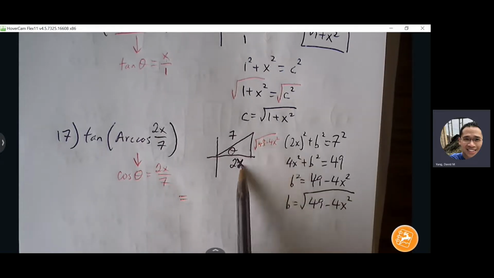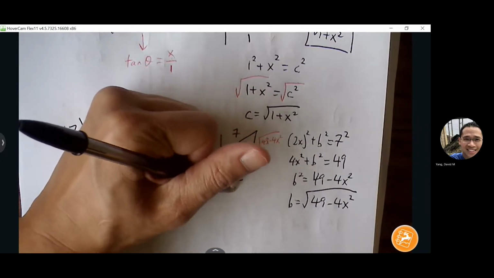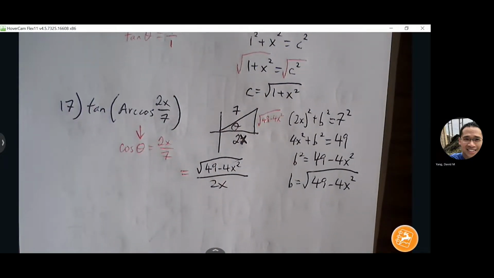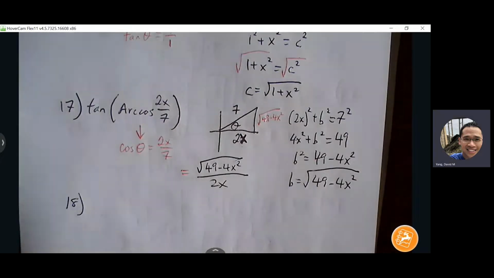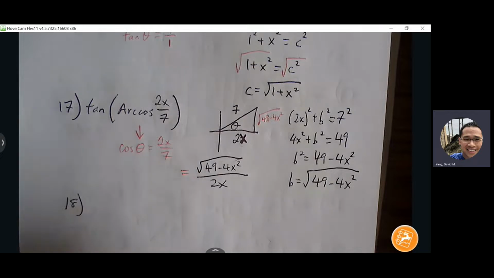Opposite over adjacent. Okay, finish this off here, number 18.